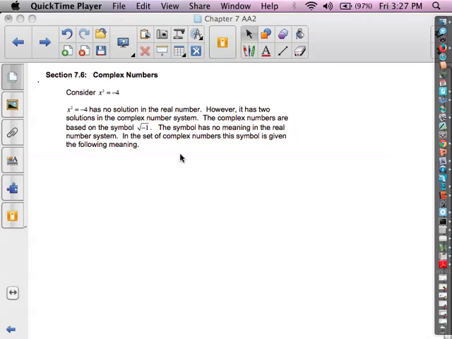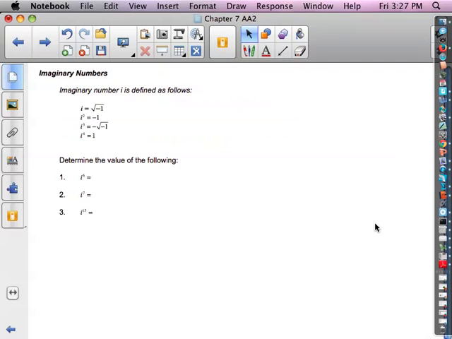The symbol has no meaning in the real number system, but in the set of complex numbers, this symbol is given the following definition. And really, you just have to memorize this definition and keep in mind that it repeats.